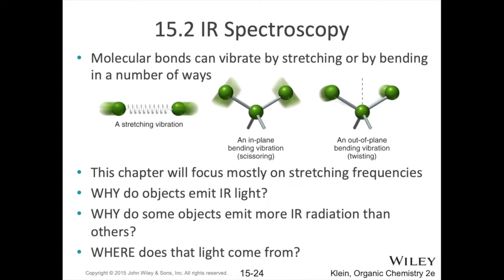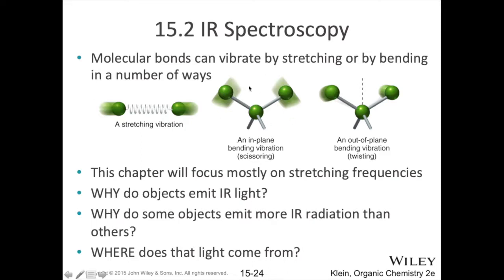So what kind of quantum states are we talking about when we talk about these vibrations? You can look at the back and forth vibration, or stretching vibration, between two atoms connected by a covalent bond. You could look at the interaction between two atoms as they bend towards each other, kind of like this interaction here, what we call scissoring.